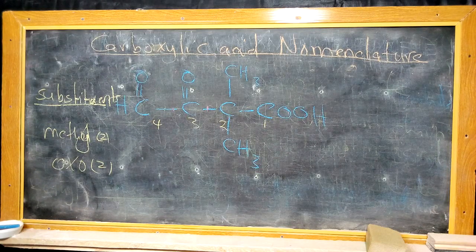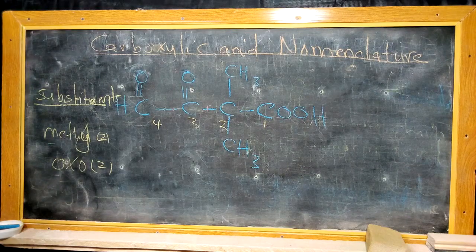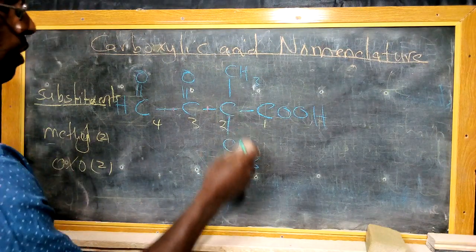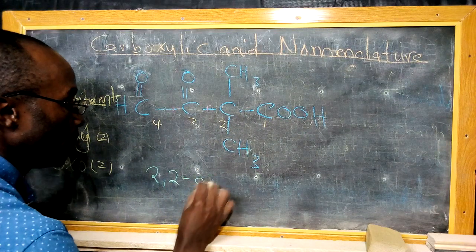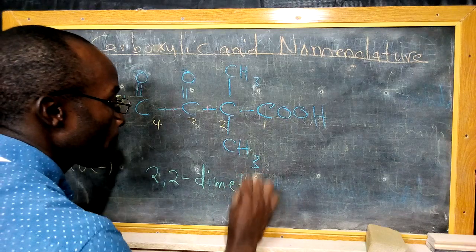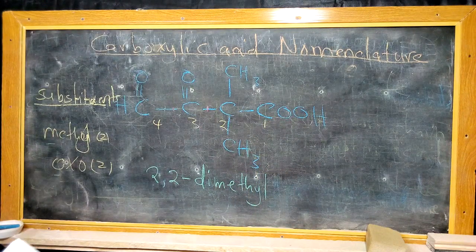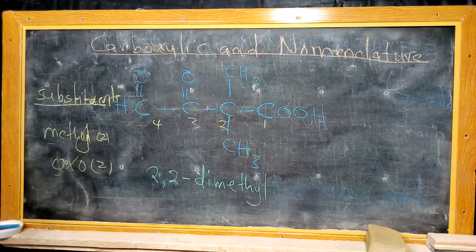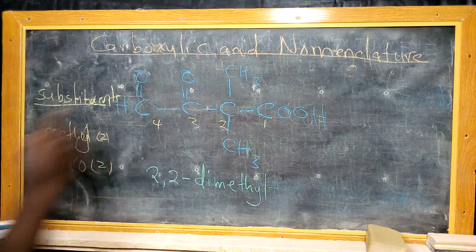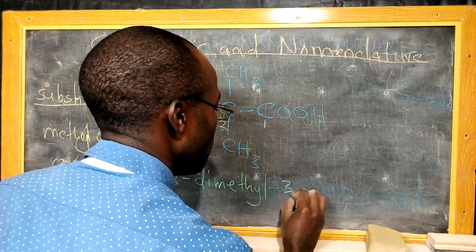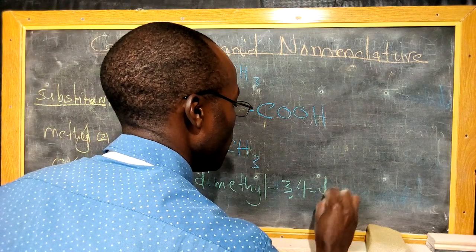So what will be the name of this particular compound? Following the alphabetical order, M comes before O. So we shall write these two methyl groups here. So we have 2,2-dimethyl, and then another substituent, 3,4-dioxo.